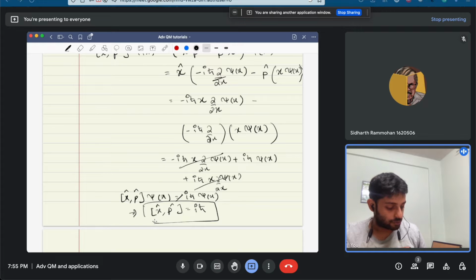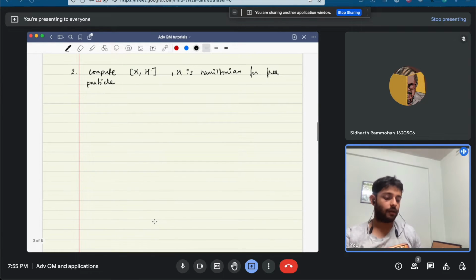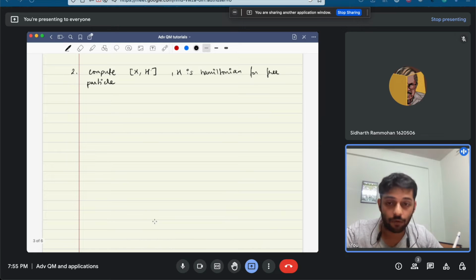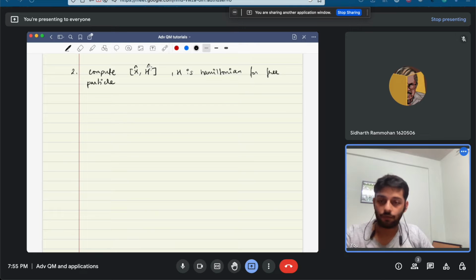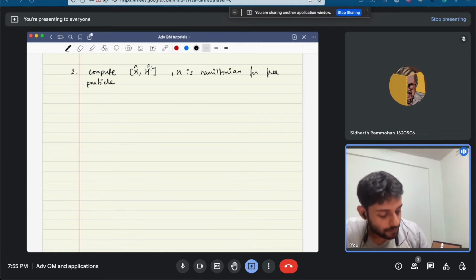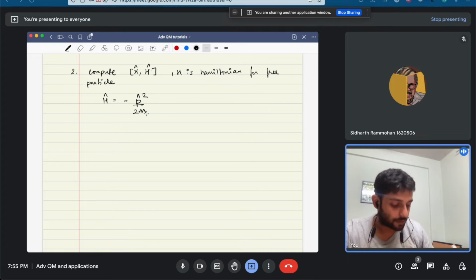Now moving on to the second question, we find out the commutator [x, H], where H is the Hamiltonian for a free particle. You might have seen in your quantum mechanics 1 or 2 courses that for a free particle the Hamiltonian is given by p squared by 2m, and there is no potential involved.